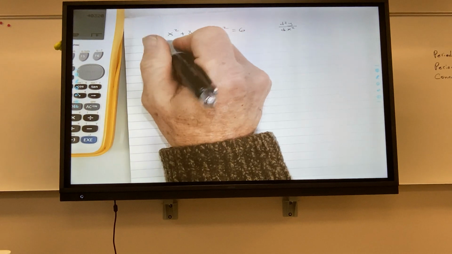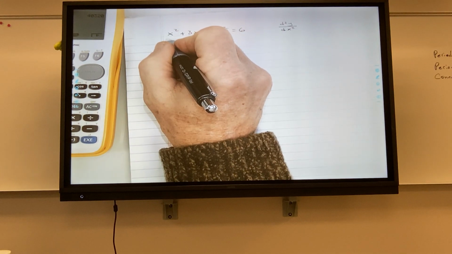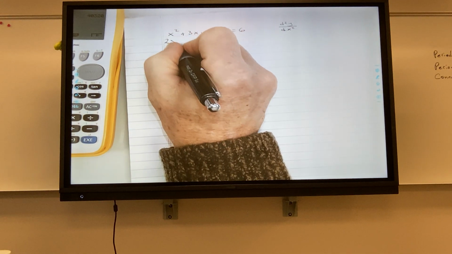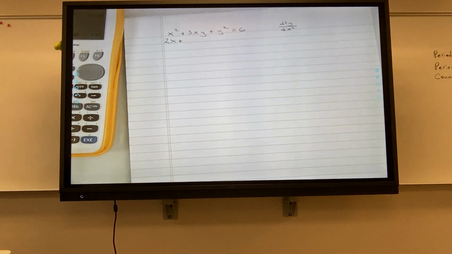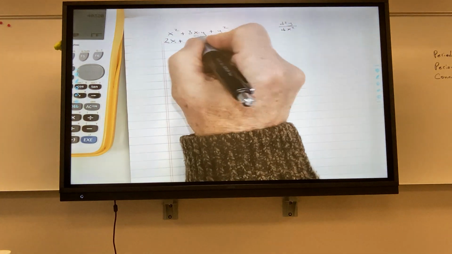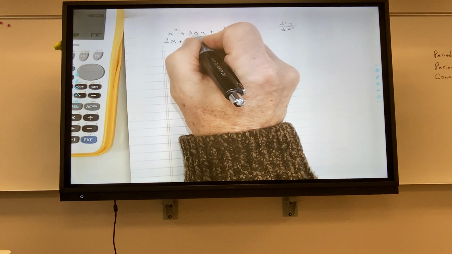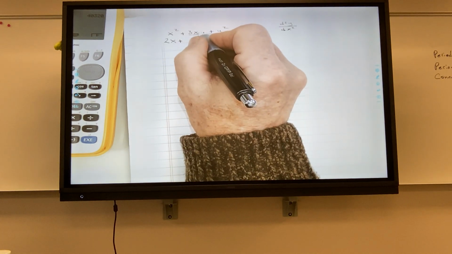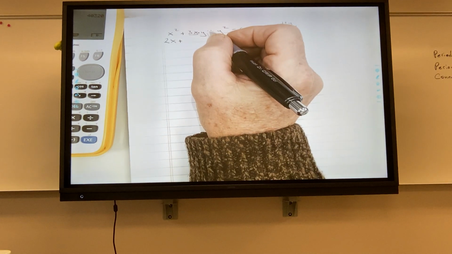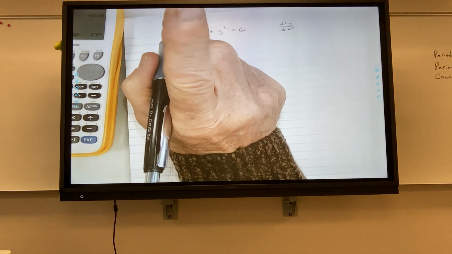First we find the first derivative. That would be 2x, plus 3y prime, taking the derivative of this, correct? The reason I put a dot there is you need to think product rule.